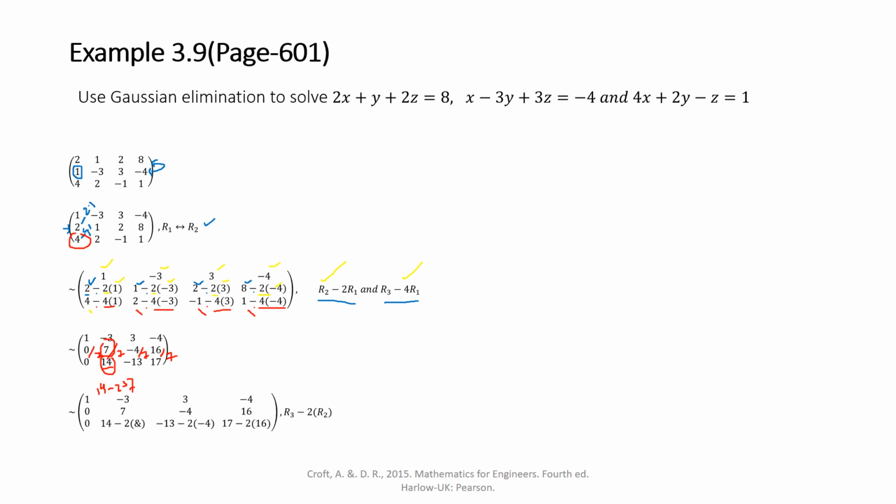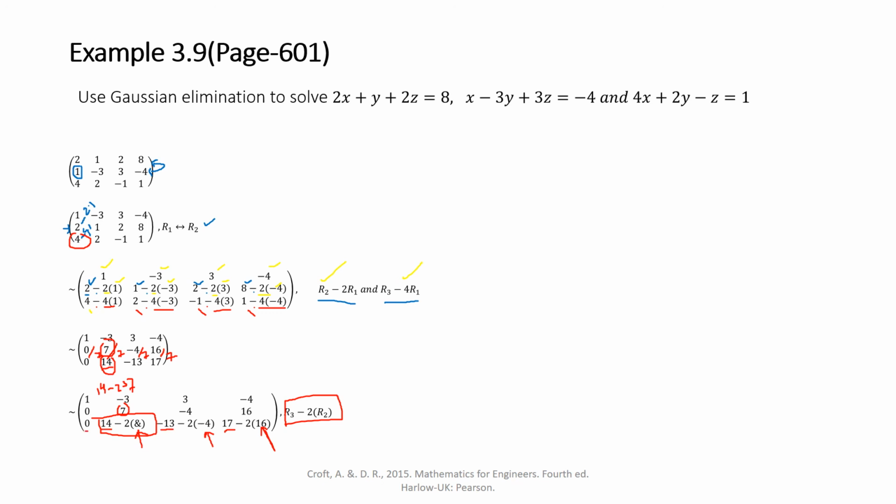Look, I did row 3 first, because we can easily make this element 0 with the help of this 7. This is actually 7. Second row, look, this is second row minus 4, this is second row 16, this is third row 17, third row minus, and third row 4, and third row 0.